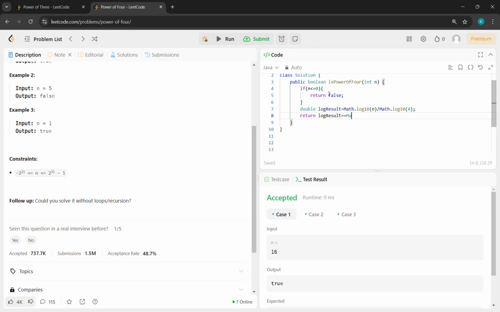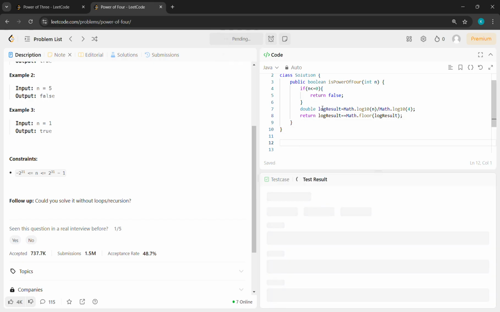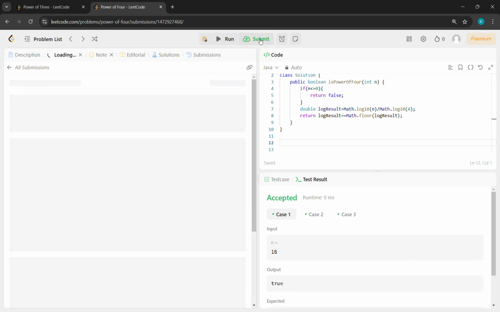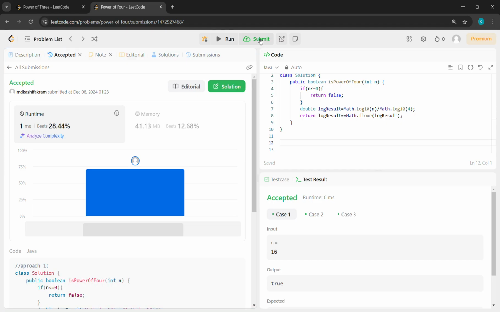Math.floor of logResult. That is all the requirement was. Let's check it out. कुछ issues आएगा तो resolve करते हैं. So the solution is accepted and let's submit it. Okay, the solution is accepted.